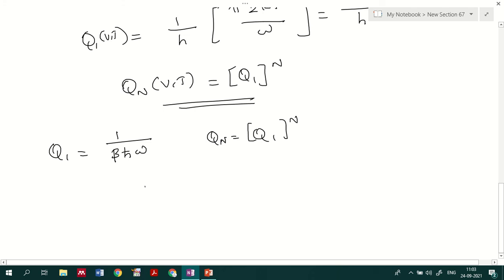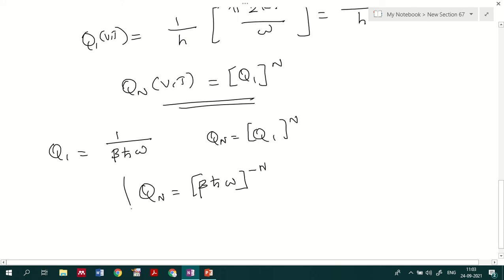Now I can write Qn is equal to beta h cross omega raised to minus n.